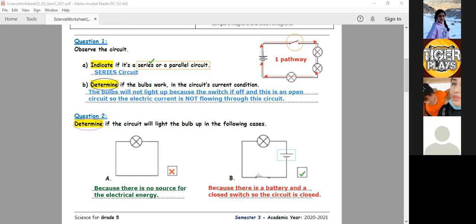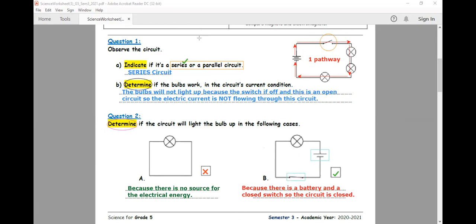The switch is on, so the electric current is flowing in the circuit and it will light up the light bulb. The electric current can pass through this closed circuit. Any questions about questions 1 and 2? No. Okay.